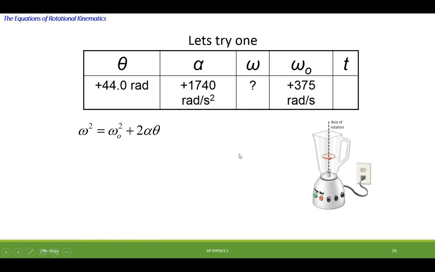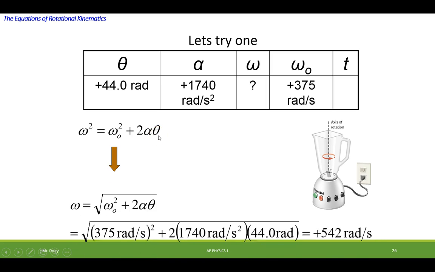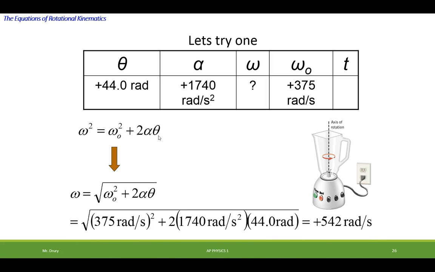That equation would simply be this, where the final angular speed squared is equal to the initial angular speed squared plus 2 times the angular acceleration times the displacement. We can arrange this equation and solve for omega, and we can put the terms in, as you can see, and solve for the answer.